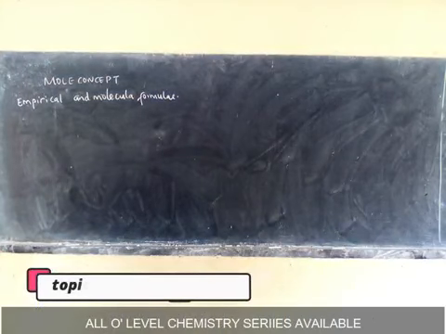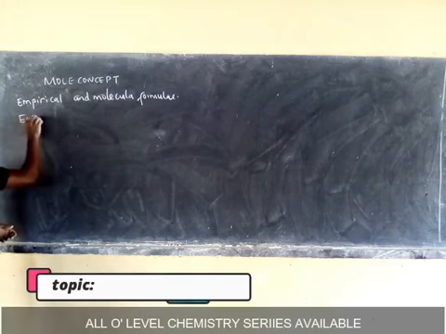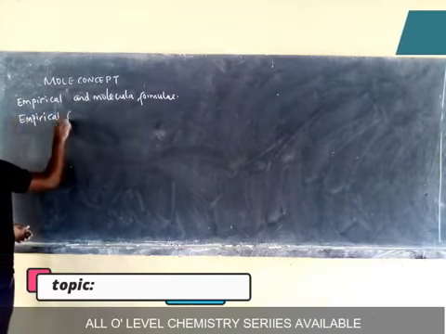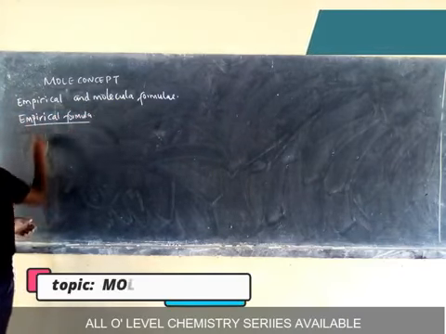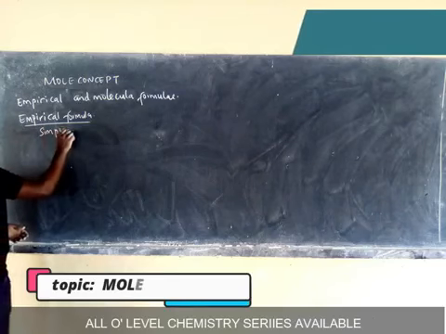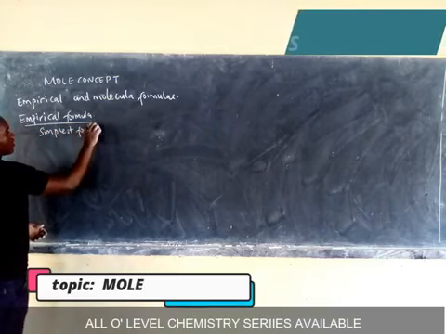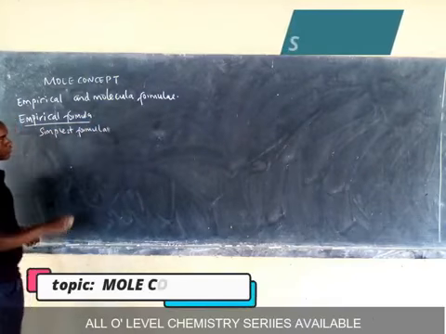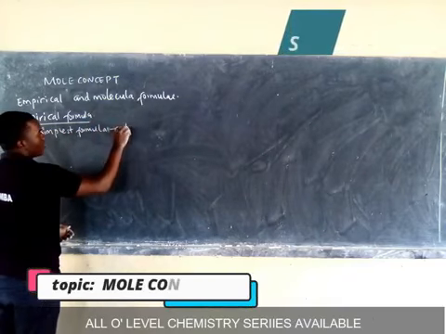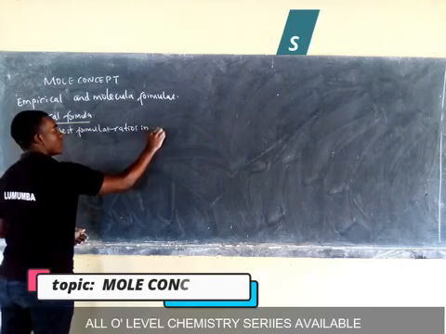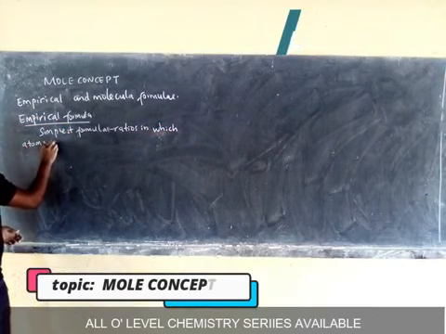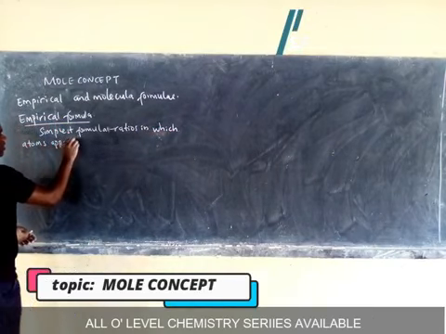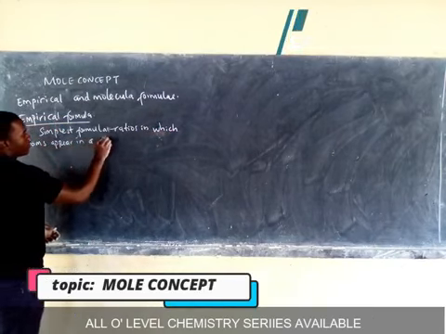Now we're talking about empirical formula and molecular formula. Let's begin with empirical formula. We can simply define the empirical formula as the simplest formula that expresses the ratios in which atoms appear in a compound.